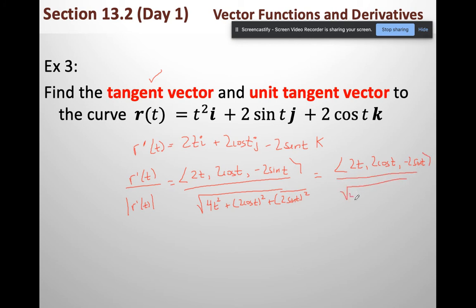Hey, right? What's that going to be? That's going to be 4 cosine squared plus 4 sine squared. So I'm going to factor out the 4 from that sum and get sine squared t plus cosine squared t. Hey, hey.